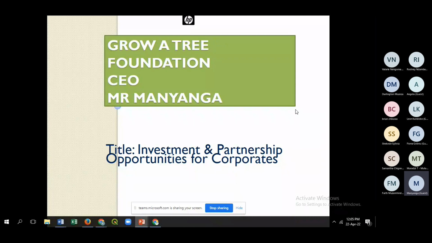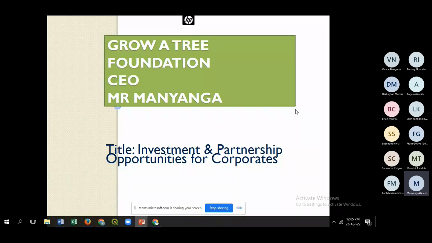So this can be through afforestation, planting of trees, provision of solar energy at these institutions, that is solar panels to power these schools to be off-grid. Again, the installation of biogas digesters.